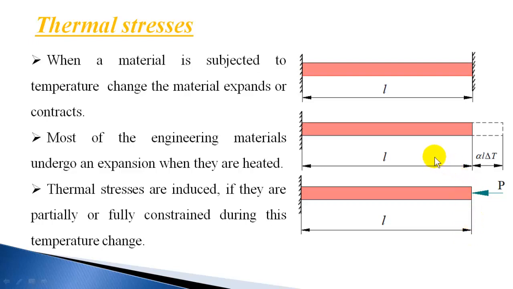So we can consider this as the initial state. Now we can consider like this: you are allowing the bar to expand, and then later on a force is applied to bring back its length to final length L. So this can be considered as initial state, which is a natural state after heating, and this is the final state.